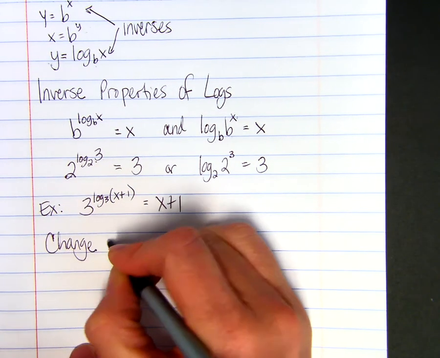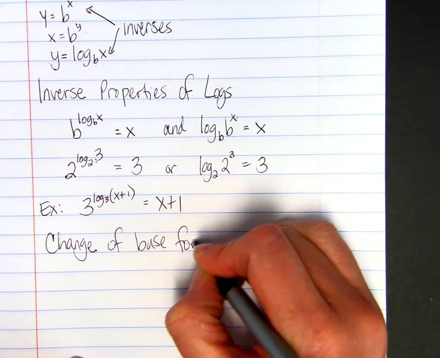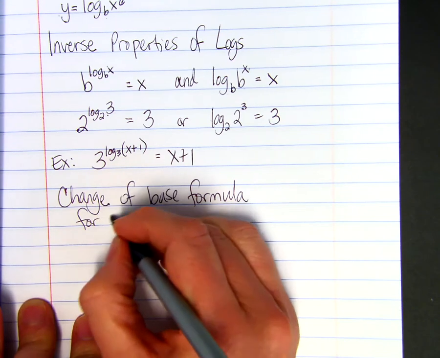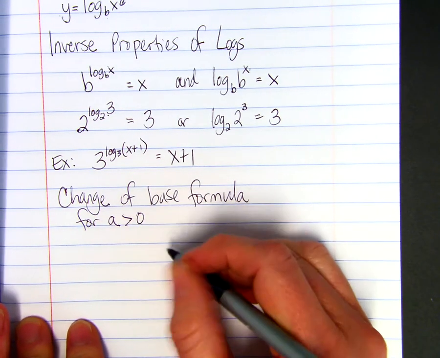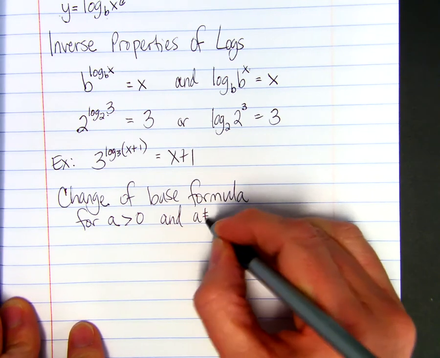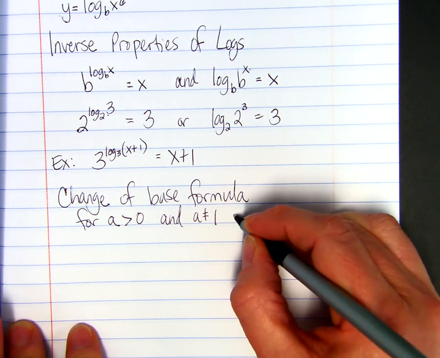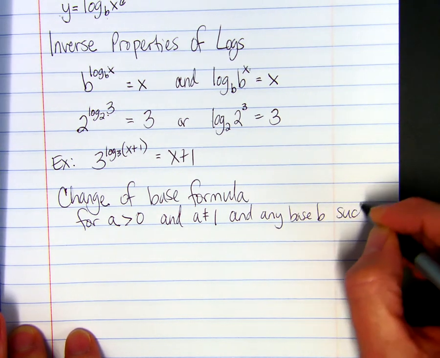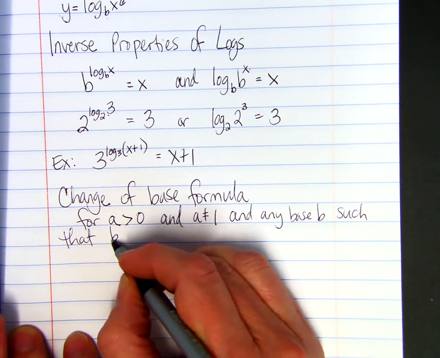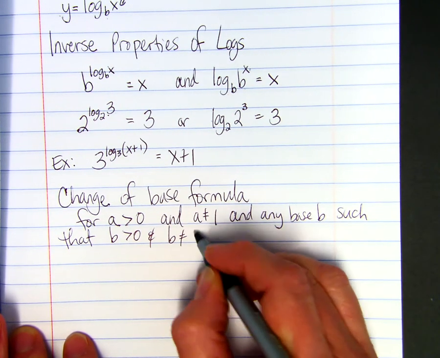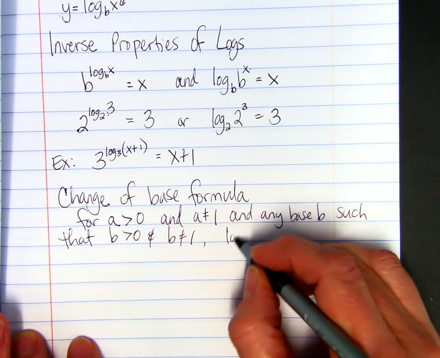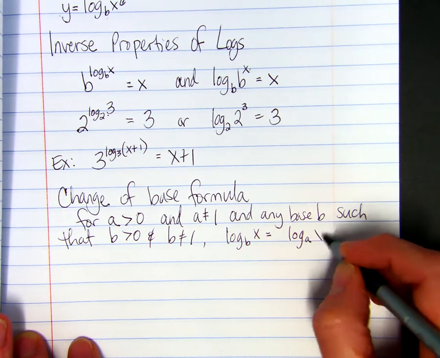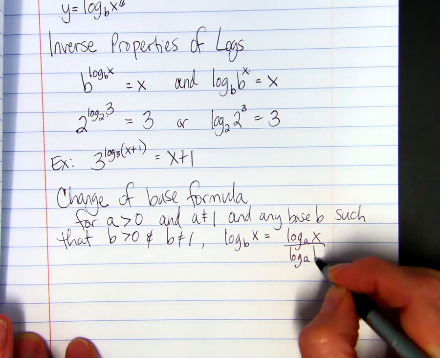Change of base formula. So if your a is greater than 0, and does not equal 1, and you have any base b such that b is greater than 0 and b is not equal to 1, then we can say that the log base b of x is equal to the log base a of x over the log base a of b.